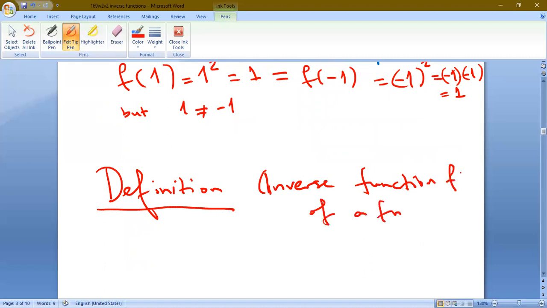So inverse functions are denoted by f to the superscript minus 1, meaning inverse. That minus 1 means inverse of a function f.